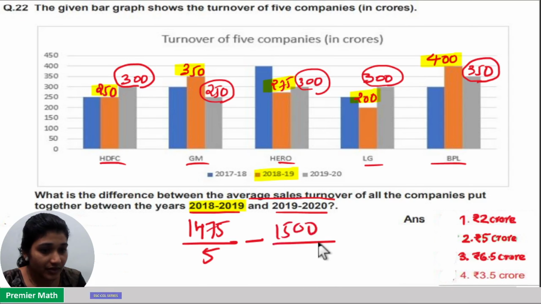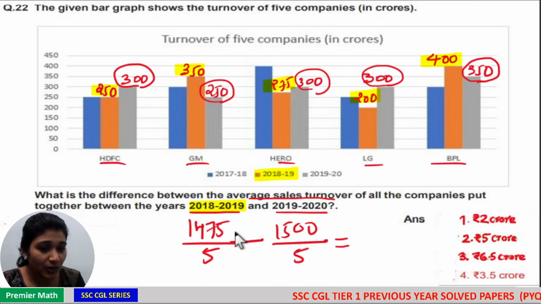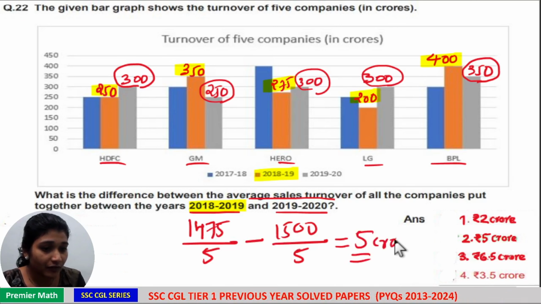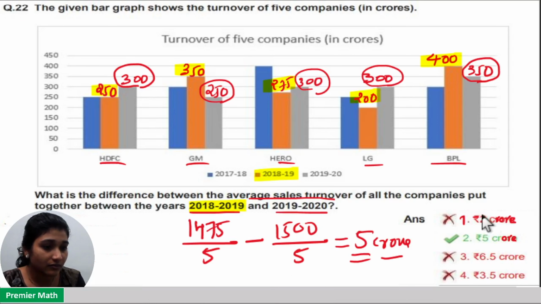So 1500 is the sum of these 5 companies. Then average is equal to 1500 by 5. Now you can see here difference between these two is equal to 25. So 25 by 5 is equal to 5. So total 5 crore is the difference. Just take the difference. Option 2 is your answer.